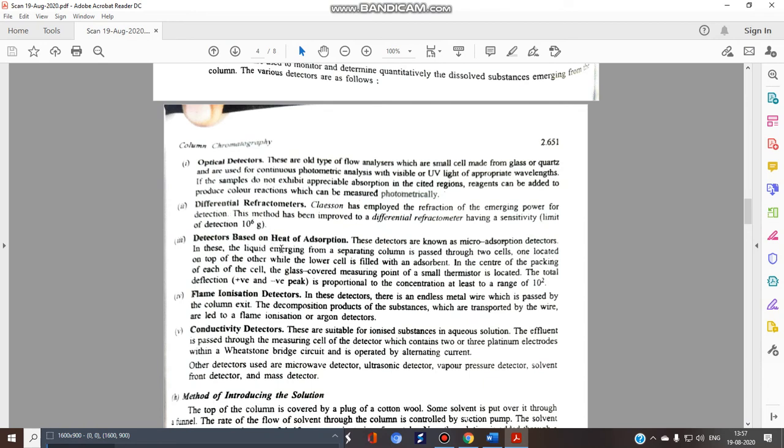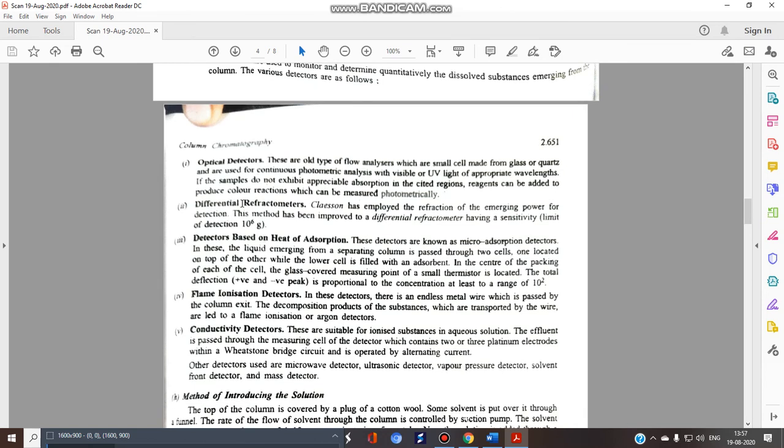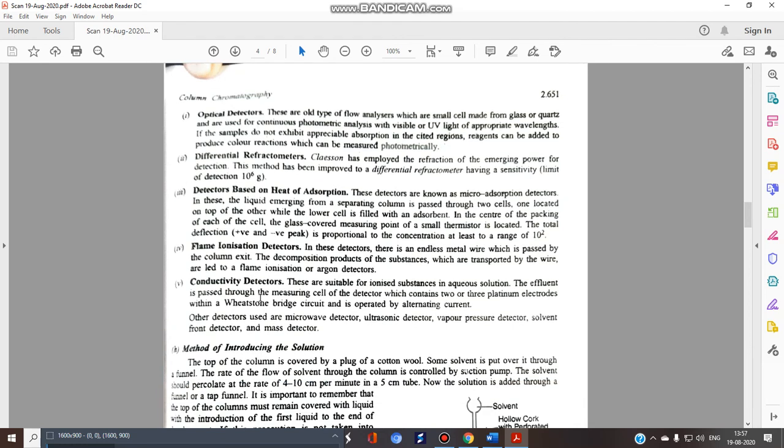Suppose we have to detect in the glass column, so there is no need to have any detector, but in sophisticated column chromatography, yes, we need different types of detectors, like UV, like refractometers based upon the principle of differential refractometer, and of course the flame ionization detector is again a very famous one.